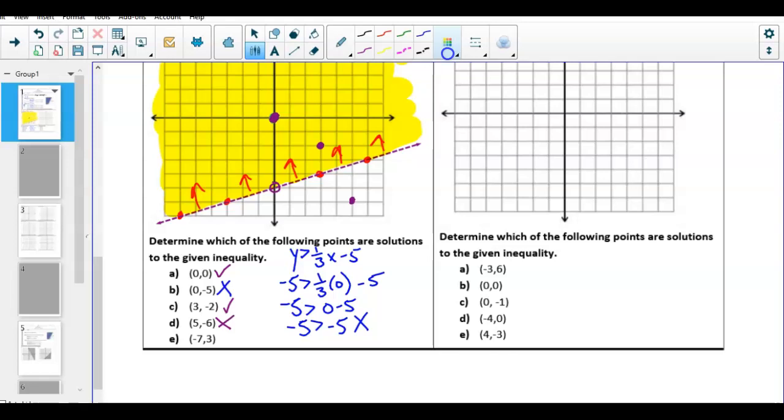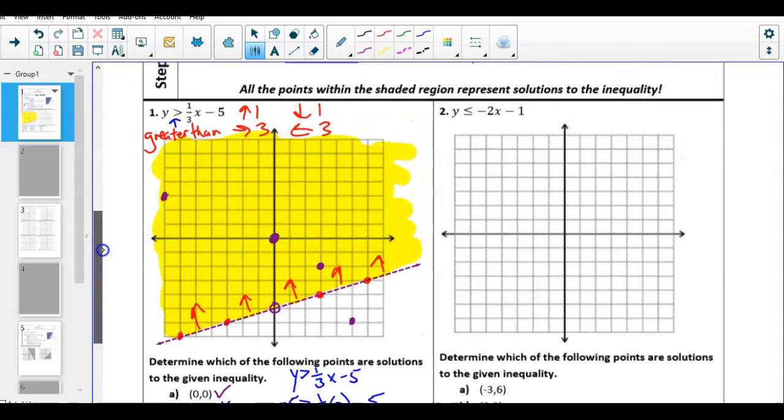And then negative 7, 3 is definitely in the shaded area, so that is a solution. So just keep that in mind. If it's in the shaded area, it's a solution. If it happens to fall on the line, and the line is a dashed line, you may need to check it, but more than likely, it will not be a solution. Right? Let's do number 2.